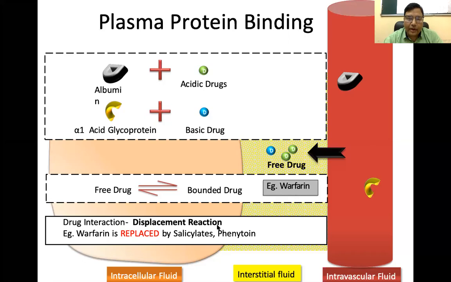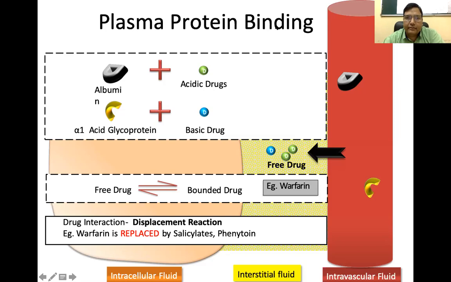Then one more important effect of plasma protein binding is the displacement reaction. Suppose a drug has very high plasma protein binding like warfarin, and we simultaneously take another drug like salicylate or phenytoin. These drugs replace warfarin from the plasma protein binding.